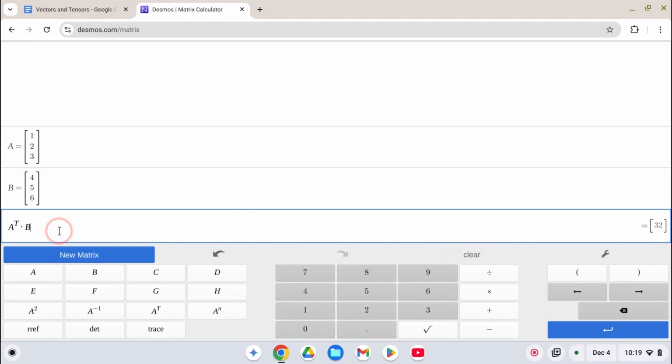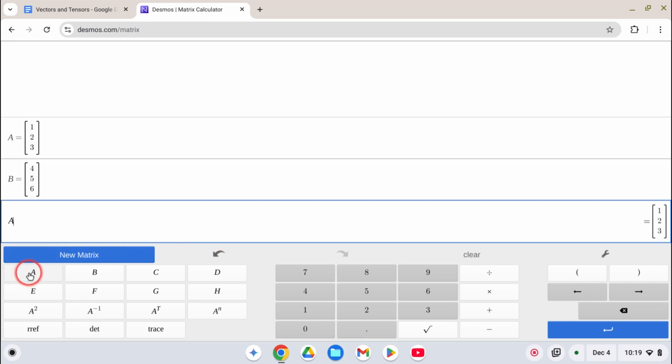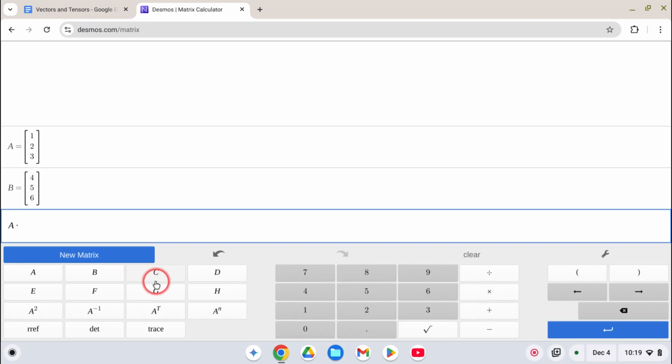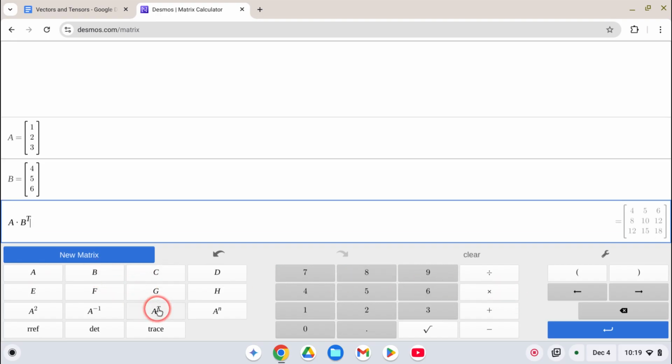All right. Now let's look at the opposite of that. What if we went A times B transpose? Oh my, what happened here? What's this thing? Well, this is a tensor rank 2 in 3 dimensions. So what's that saying?